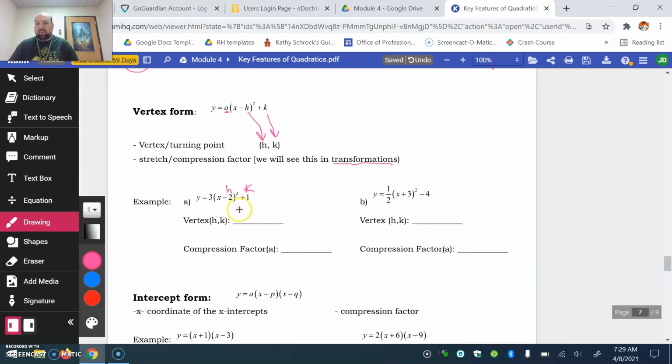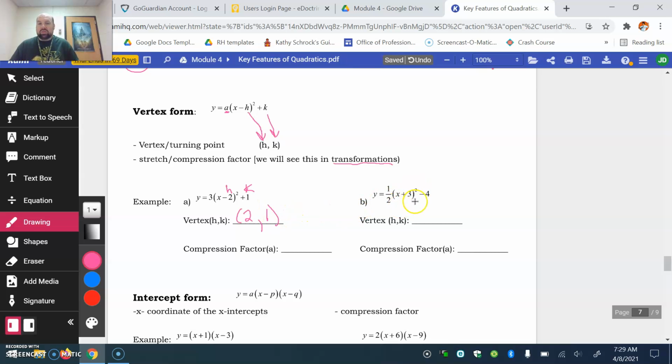So that means my vertex here. Notice up in the formula, we have minus h. So because there's a negative there, that actually means the 2 is fine as it is, and the 1 is fine as it is, okay?